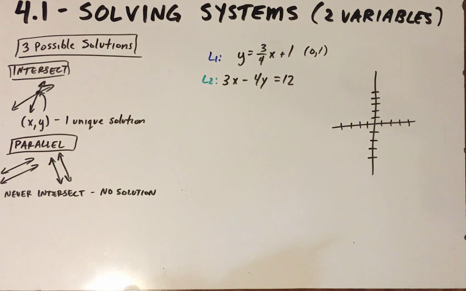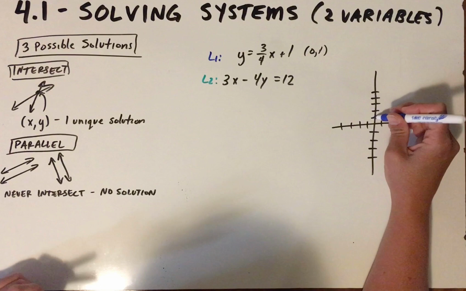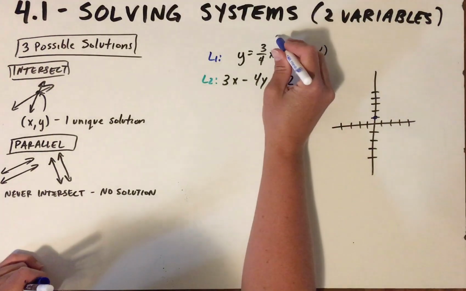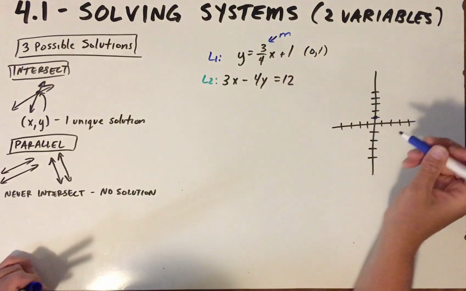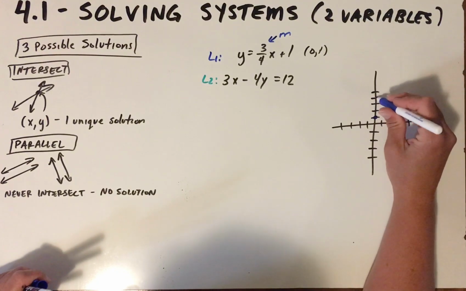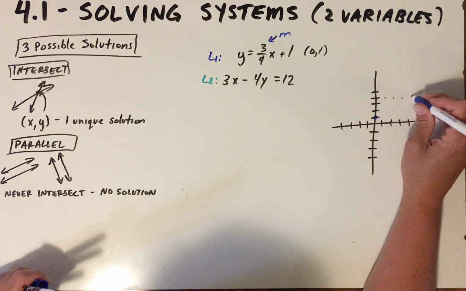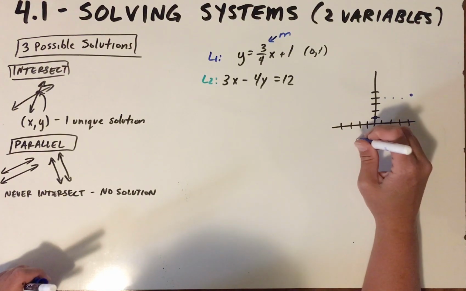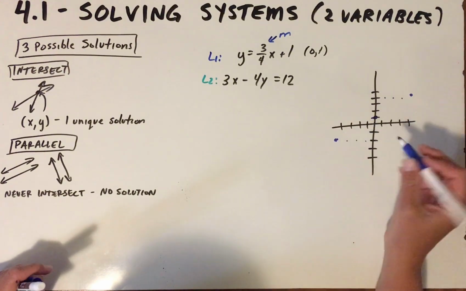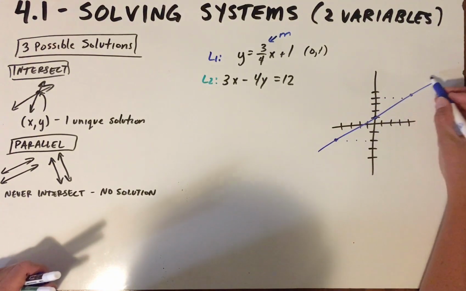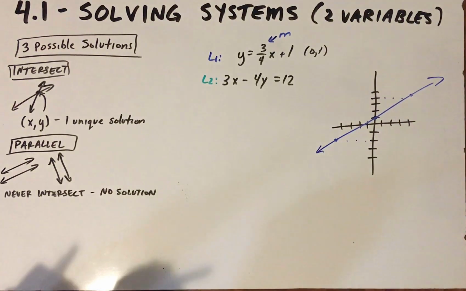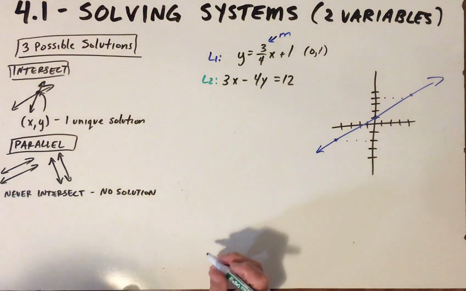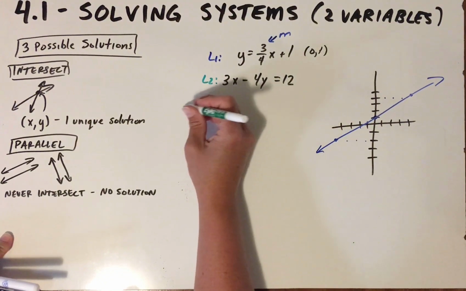This line starts at the point 0, 1, and from there, my slope says go up 3, 1, 2, 3, and right 1, 2, 3, 4. Same thing as going down 1, 2, 3, and back 1, 2, 3, 4. All right, so my blue line would look like this.